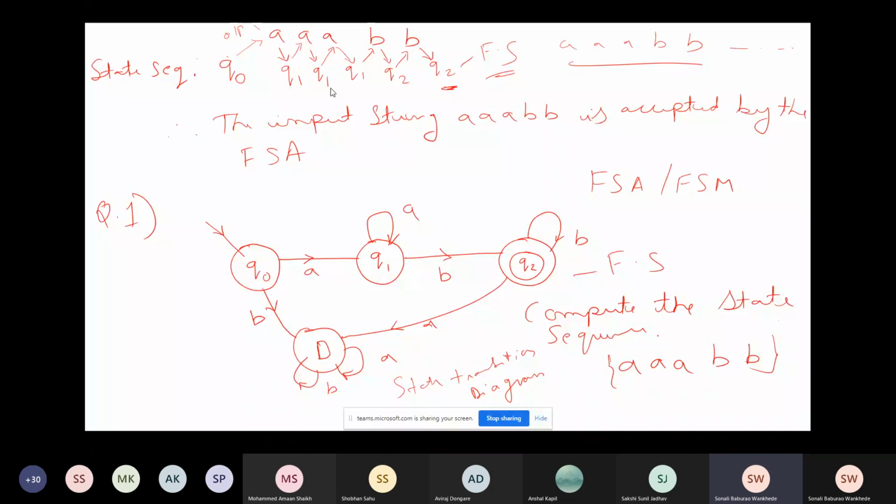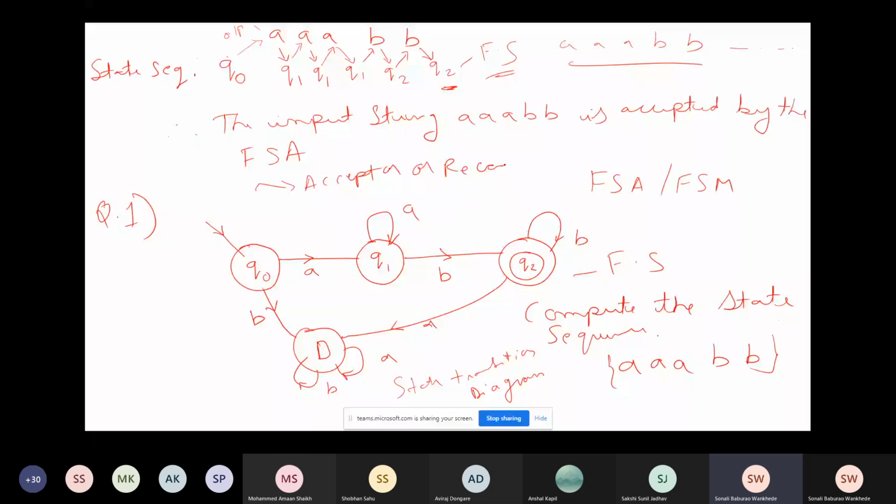Why? Because the main job of finite state automaton is to accept, right? It is also called an acceptor. FSA is also called an acceptor or recognizer. The definition says that.